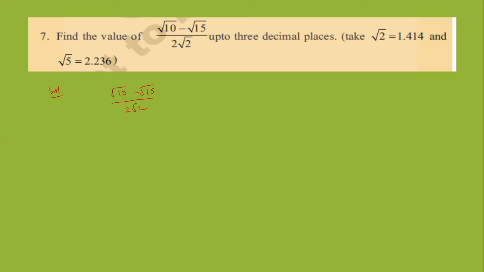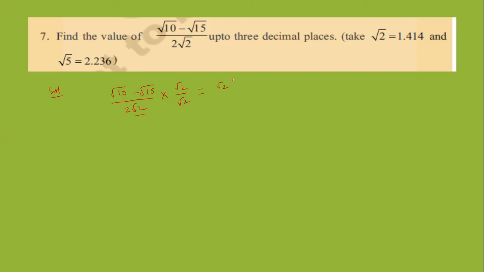First, you may simplify the denominator. That means rationalizing the denominator. Otherwise, it is difficult to find the quotient. Hence, you write first like this and you multiply it by what is in the denominator, 2 root 2. What is the irrational part? That is root 2.